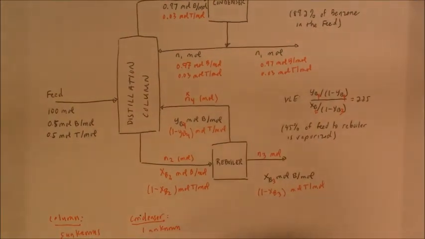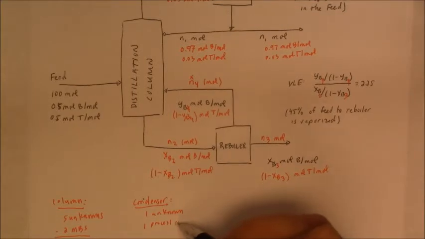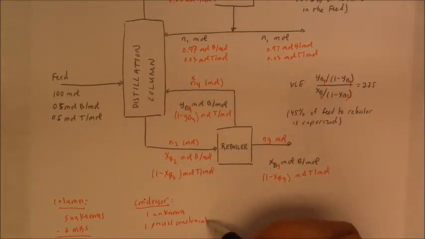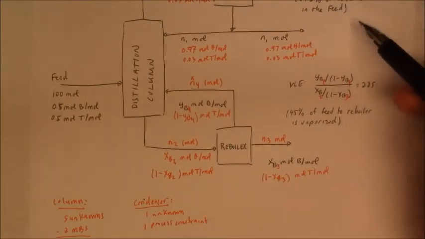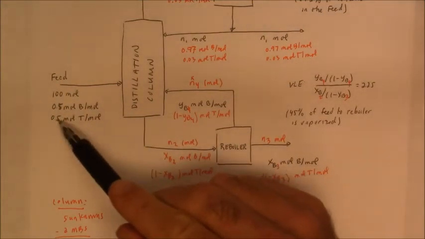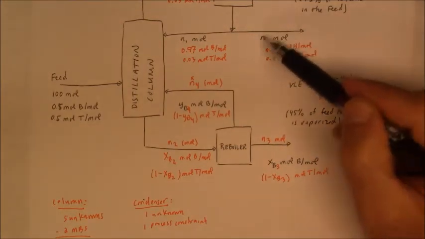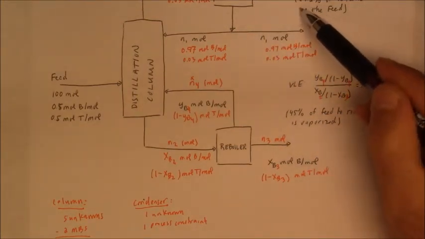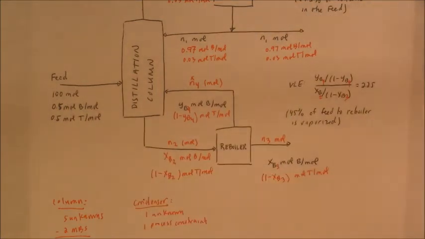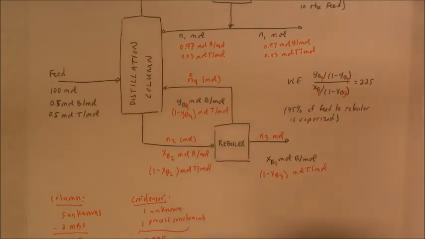So we could consider that we do have the process constraint here. But the process constraint is somewhat limited by the fact that we know the exact amount of benzene here, because it's 89.2% of 50 moles. So we could solve around the condenser.